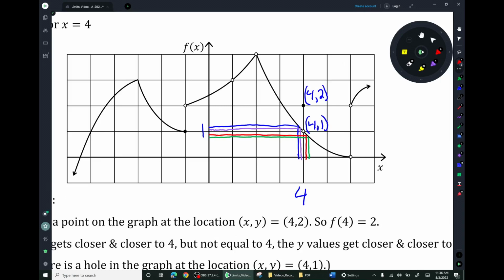And in the next example, the row of the table where x equals 4, notice that when x is getting closer and closer to 4 but not equal to 4, the graph appears to be heading for this location. And so again, the limit encapsulates that idea of that trend.